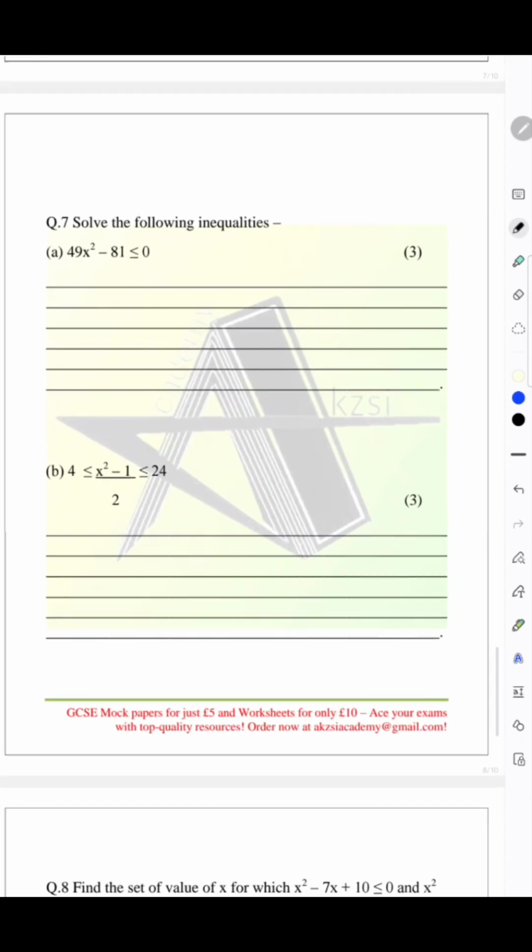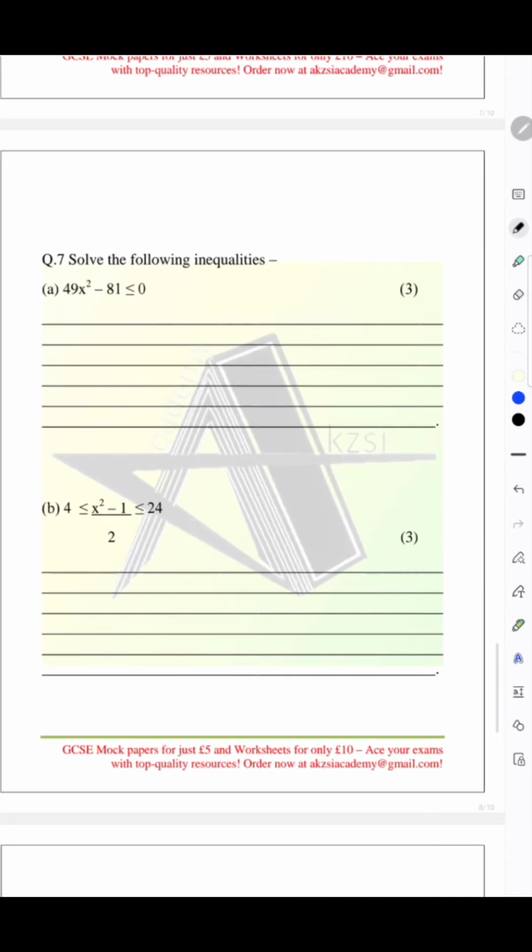Solve the following inequality. 49x squared minus 81. This has already been discussed in quadratics. If something is in the form of a squared minus b squared, the factorization is simple: a plus b times a minus b. That means 49x squared is 7x whole squared.